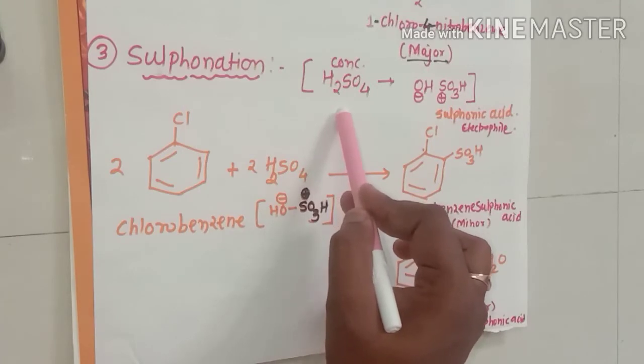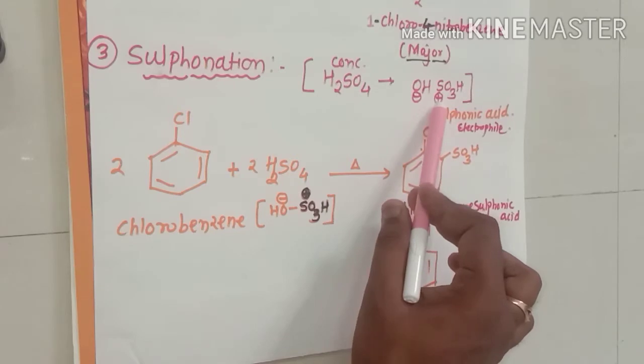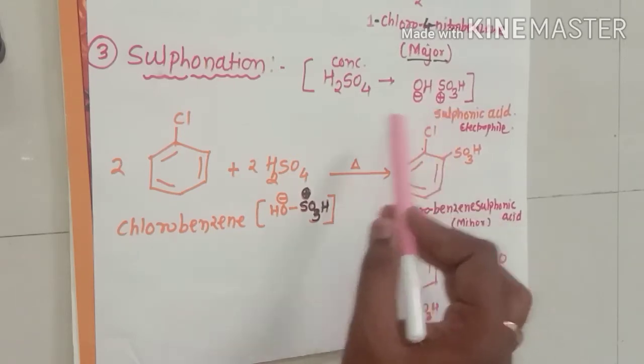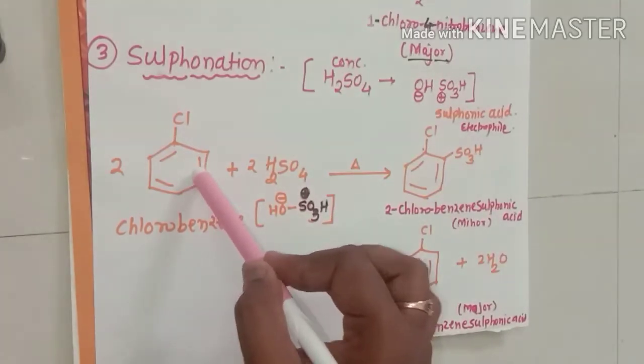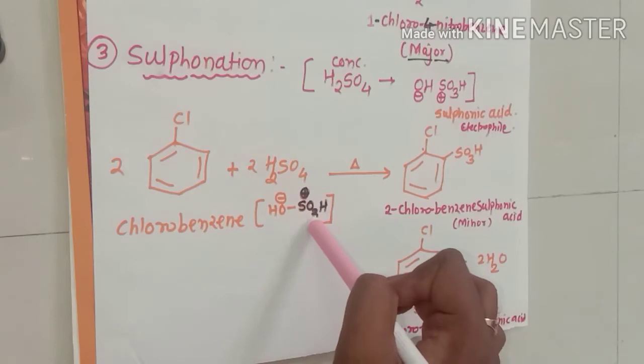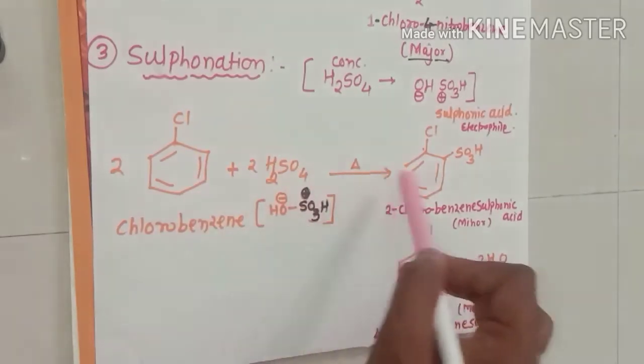Concentrated H2SO4 has two parts, OH minus and SO3H plus, and this electrophilic group is known as the sulfonic acid group. When chlorobenzene is treated with sulfuric acid, the sulfonic acid group attacks the ortho and para positions of chlorobenzene, and we get two products.